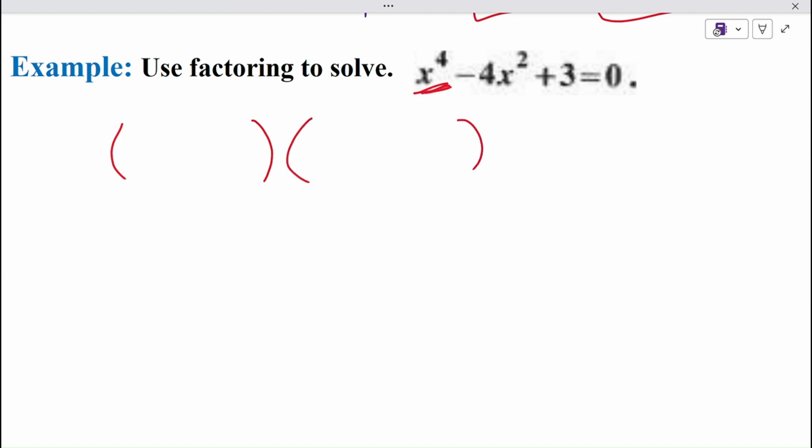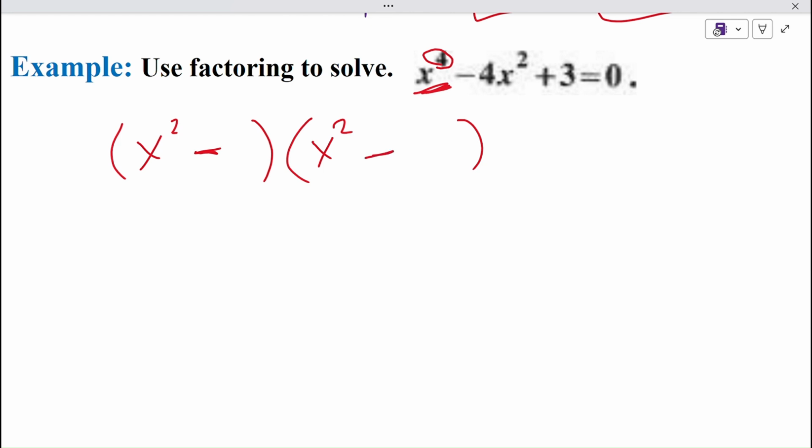Here we have x to power 4. X to power 4, it means 2 and 2. 2 times 2 is equal to 4. It means x to power 2 and x to power 2. And here we have minus plus. It means you have to put minus and minus here.